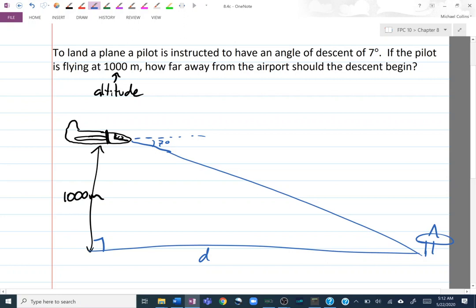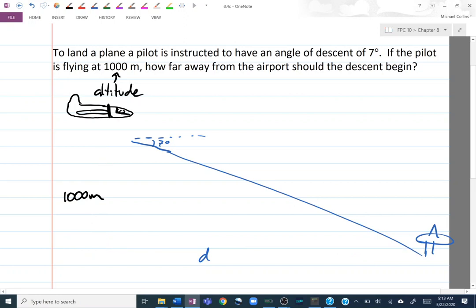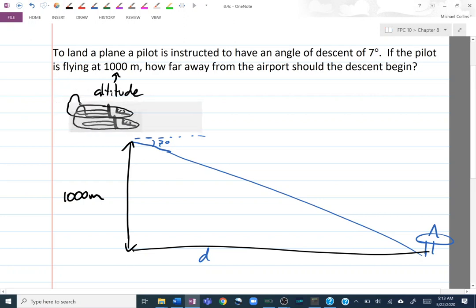I might move my airplane up a little bit so that it's a better triangle. This is 1,000 meters, that's D, and then I can put my plane back where it should be. Yeah, that's a bit better.